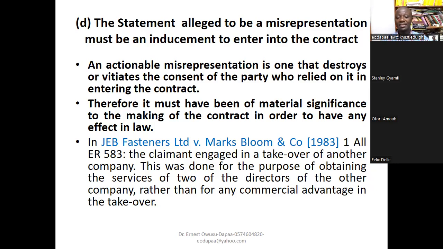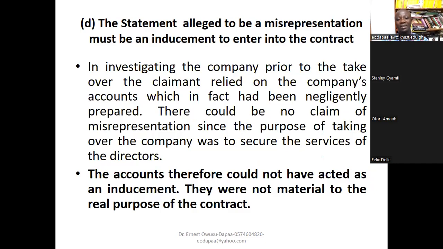And so far as trying to get the services of two directors was the reason for making the takeover, the court came to the conclusion that even if there had been some errors in the company's accounts by those who put the accounts together, that cannot be considered as an actionable misrepresentation because it does not satisfy the requirement of being materially significant.